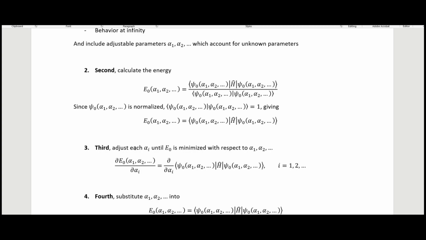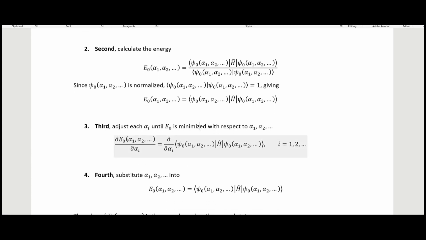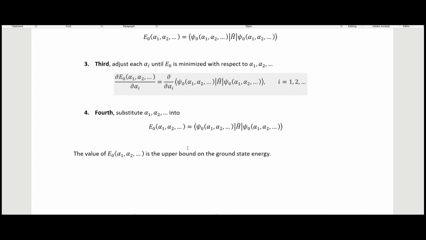Third, we want to adjust the alphas until we have an energy that is minimized. To do that, we take the partial derivative of our energy with respect to all the different alphas. So that's just taking the partial derivative of our expectation value of the Hamiltonian.